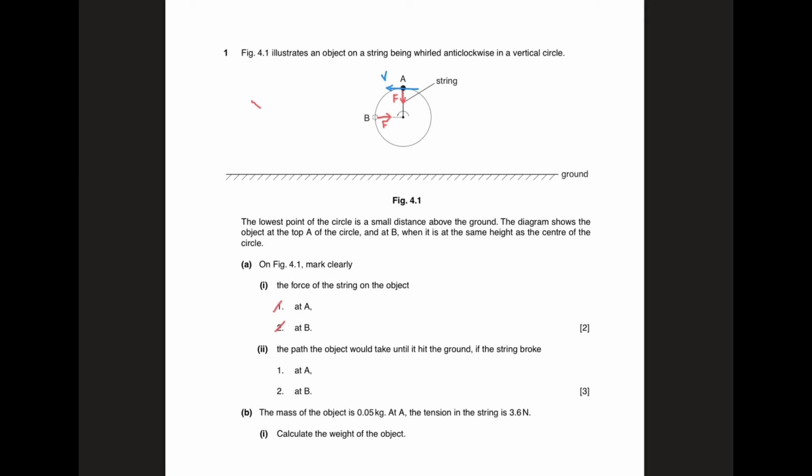So if you cut the string at point A, it will initially move horizontally, I use the green color, but after that, because of gravity, it will move in this particular direction. So like that. Okay, anti-clockwise.